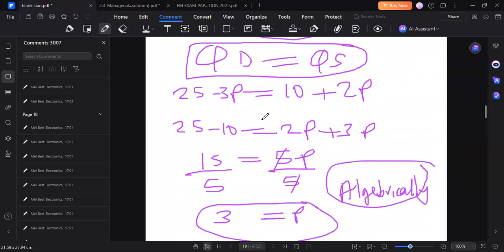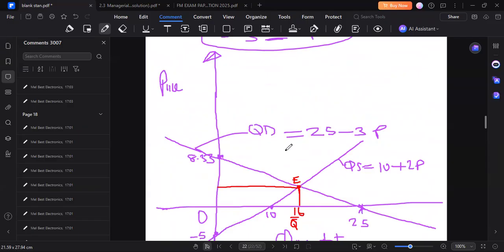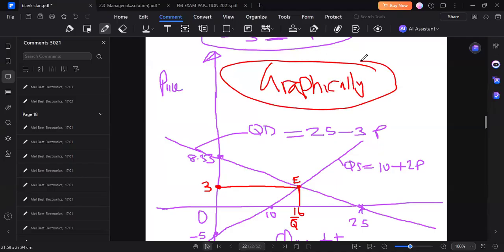So this is 3. This is what you're going to go for graphically. I don't know if you have understood. Yes, I have. Thank you very much for that.